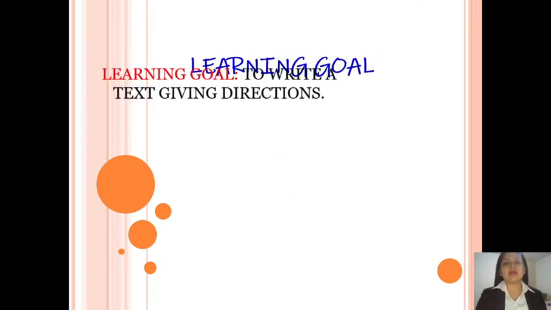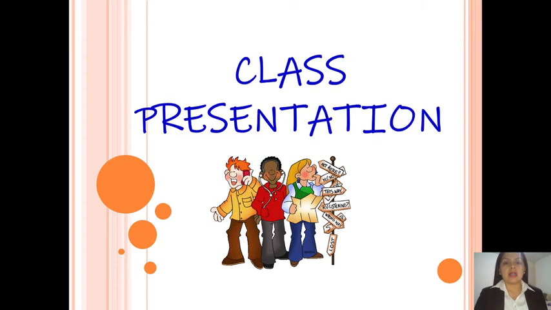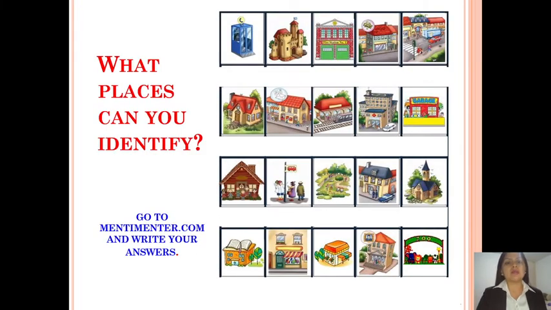Okay, the learning goal for today, the competence is writing, and the learning goal is to write a text giving directions. Let's just continue with the class presentation. Okay, what places can you identify? You are going to look at a picture and tell me what places you remember, or maybe what places you identify.